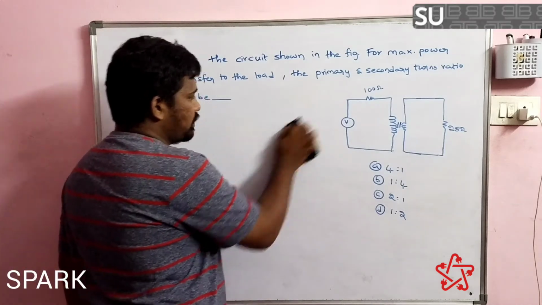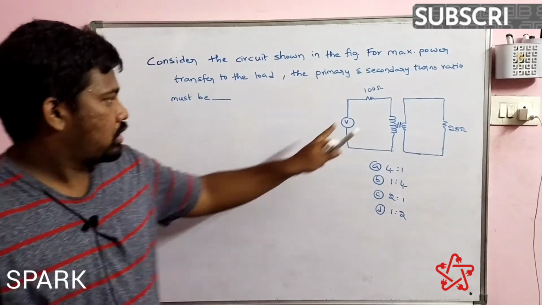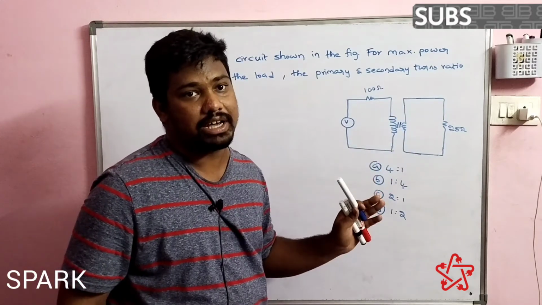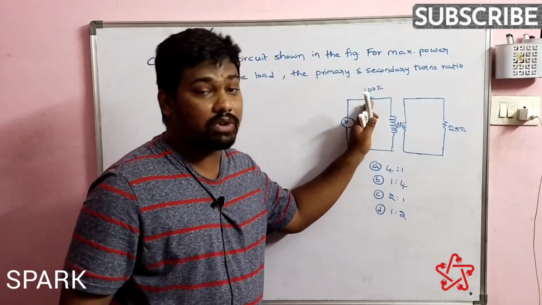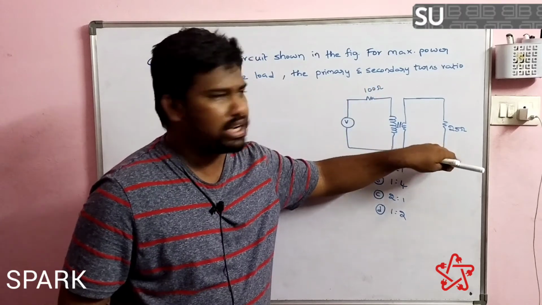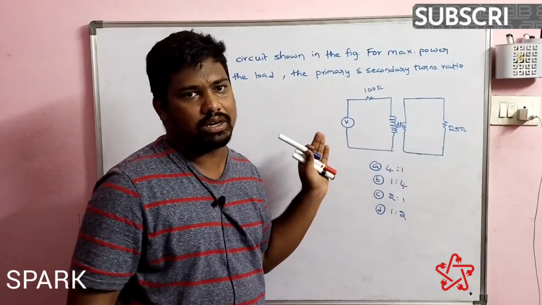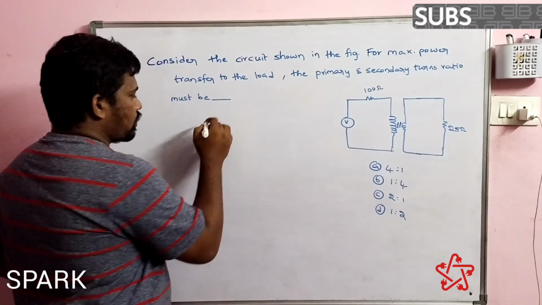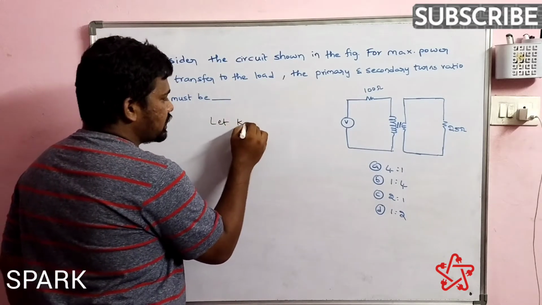Now applying the same here, we need to bring this here so that we will get the desired condition. So we need to transform the resistance from primary to secondary, or secondary to primary. Let K be the transformation ratio.